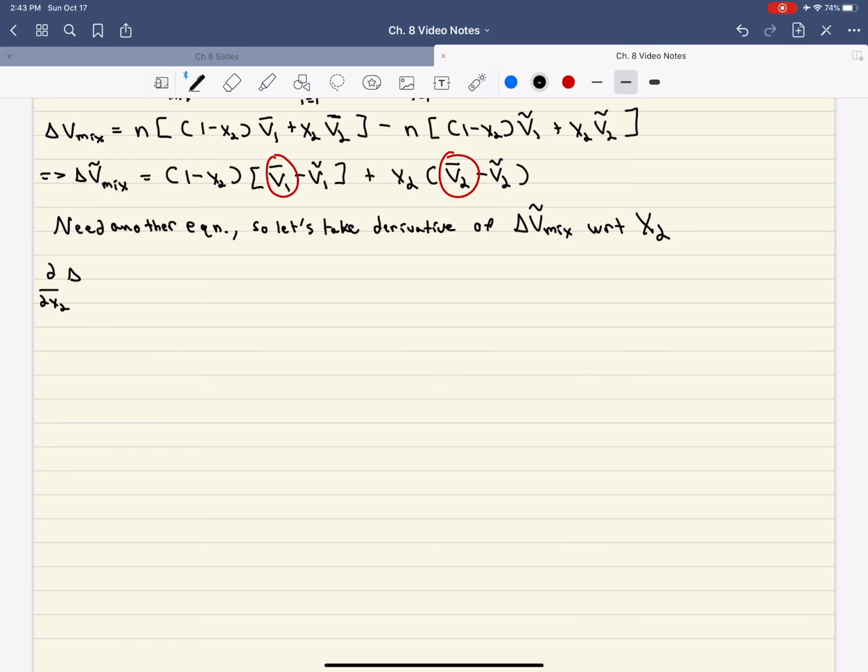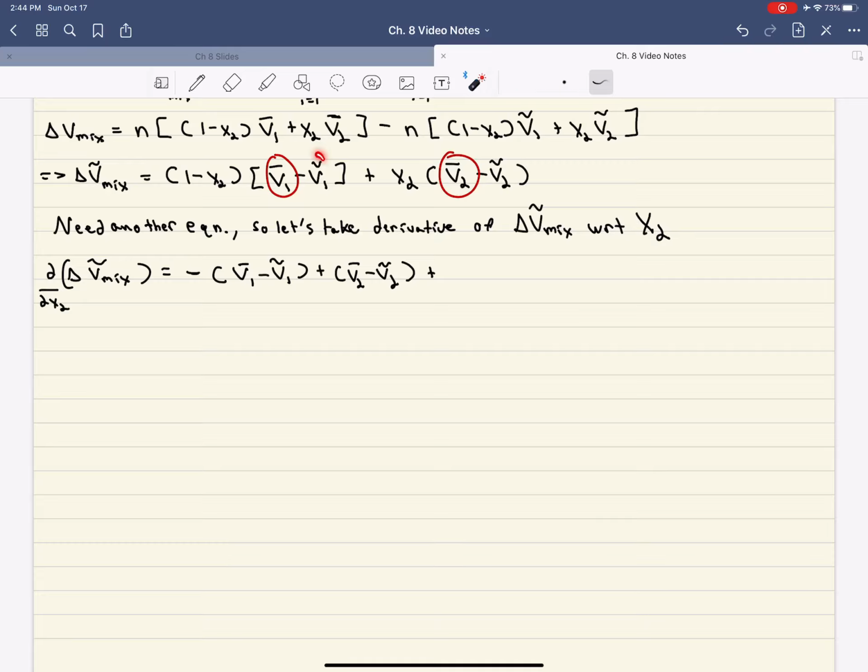The derivative d/dx2 of delta V mix gives us V1 bar minus V1 squiggly, plus V2 bar minus V2 squiggly. And so essentially I just took the derivatives with respect to x2 of these things first, and now I'm going to take the derivative of the stuff inside the parentheses and brackets.